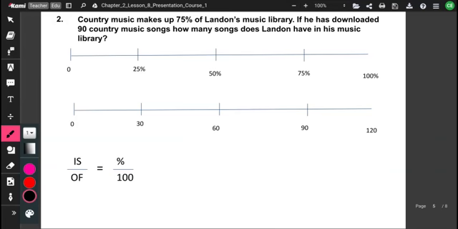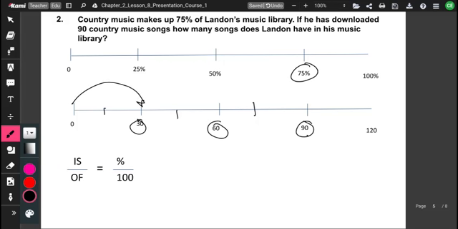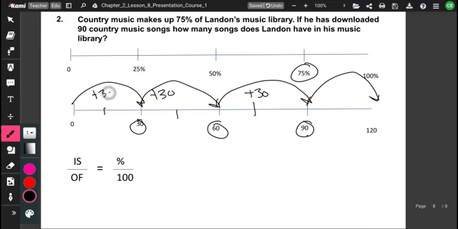So we are going to say that 90 is 75%. We already know that. Then we're going to divide 90 by 3, which gives us 30 at each mark. From 0 to 30, that's 25%, that's 50%, 75%, so another 30 would be 120. So this will be 120 at 100%.